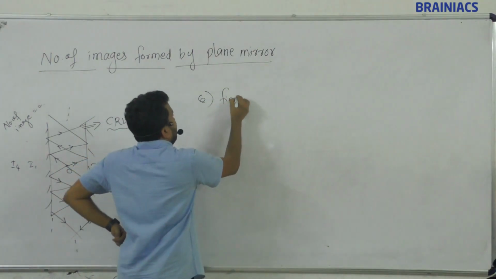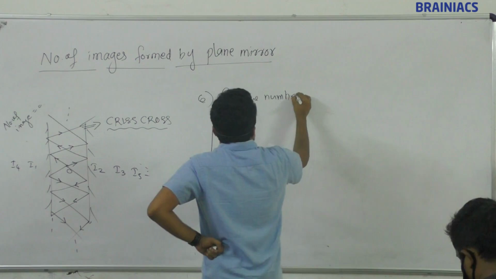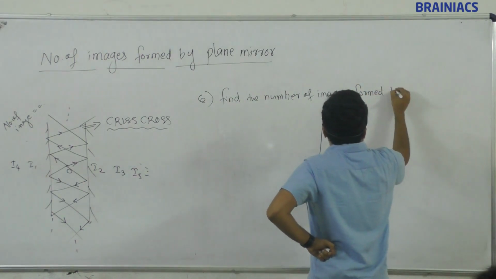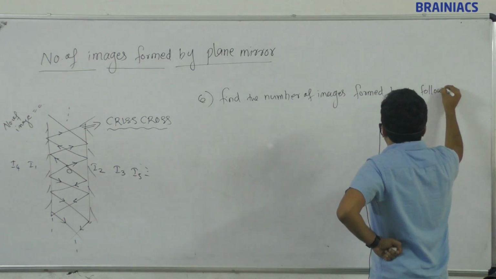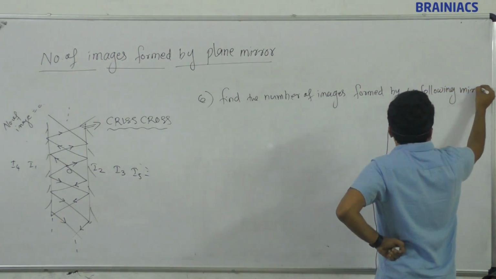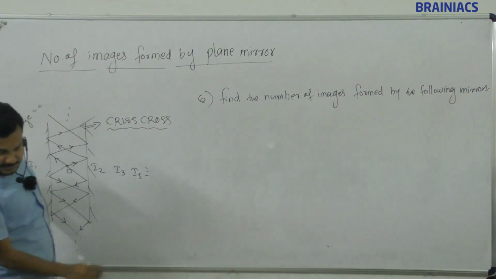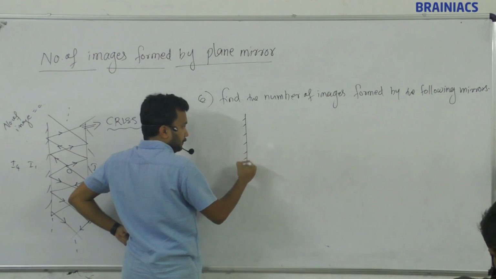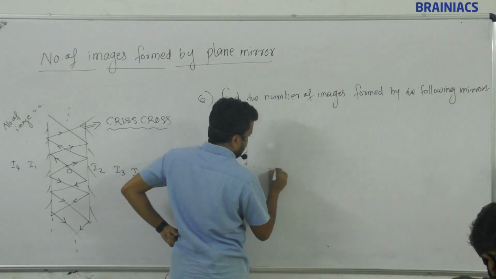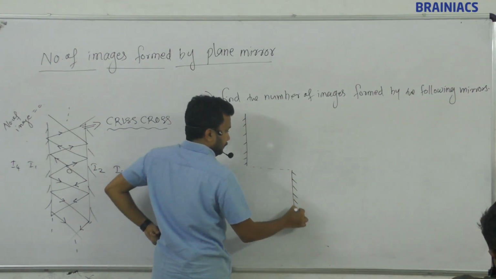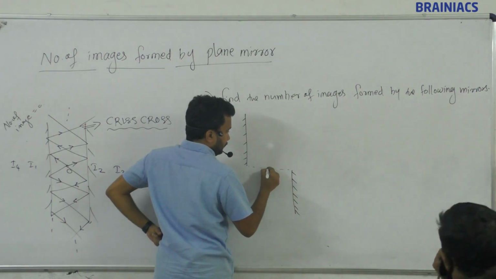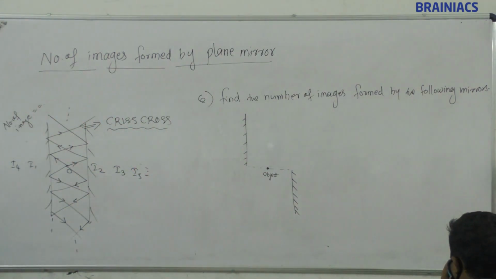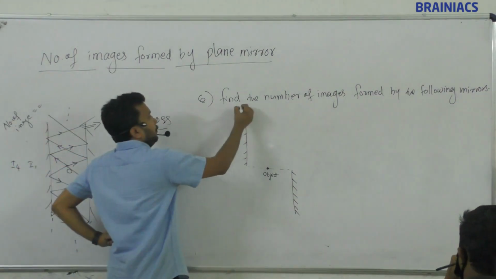Write one question. Find the number of images formed by the following mirrors.